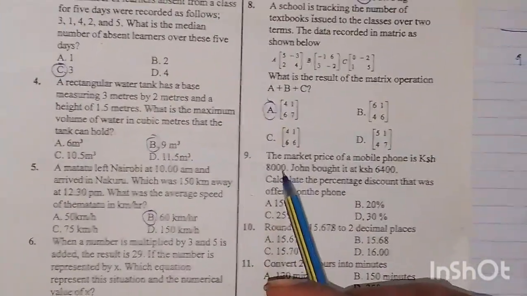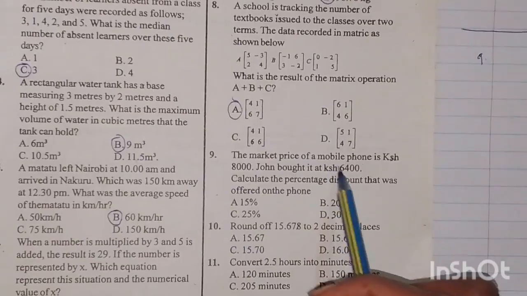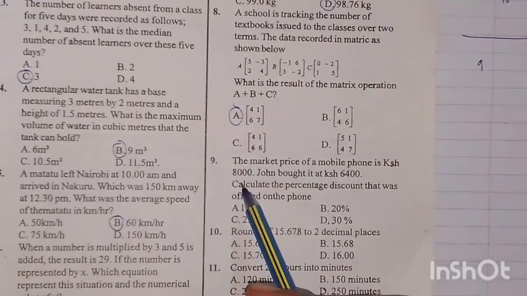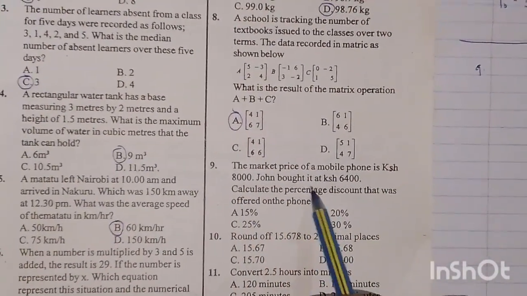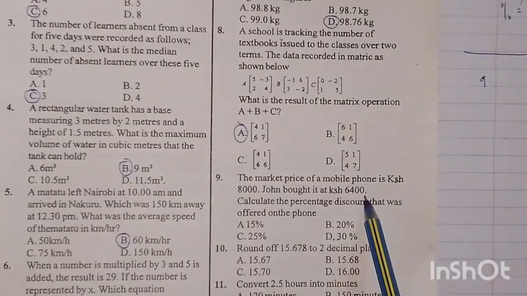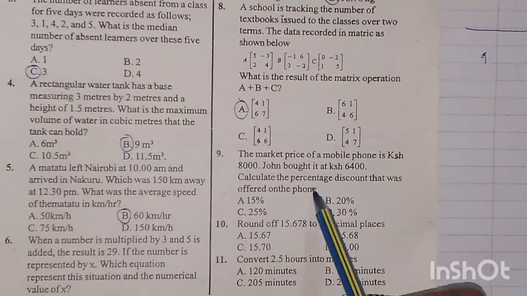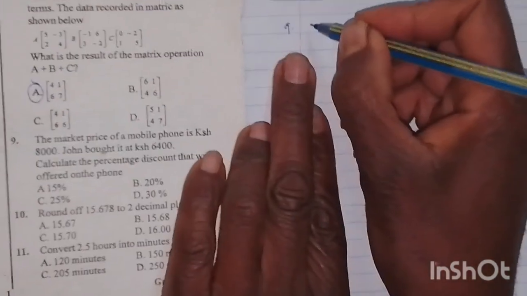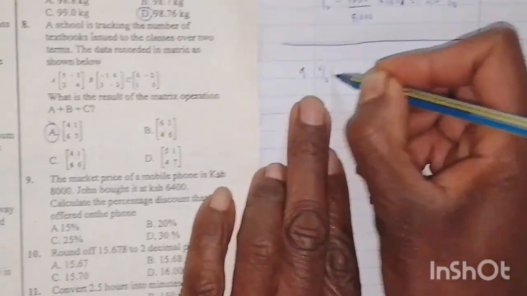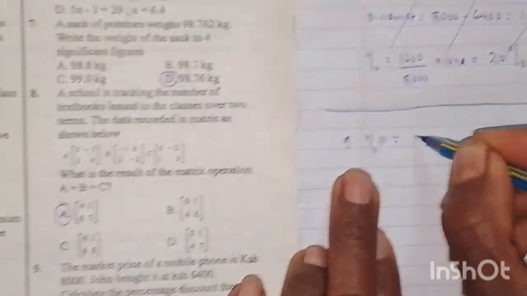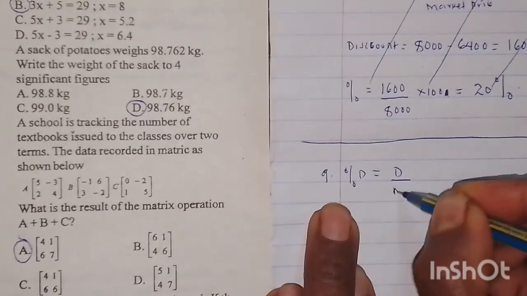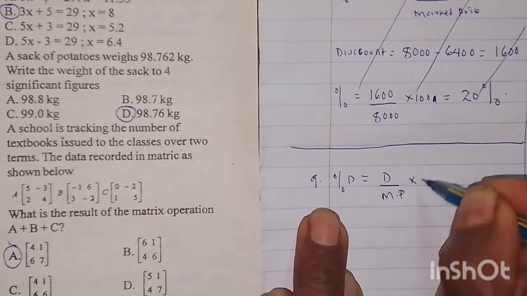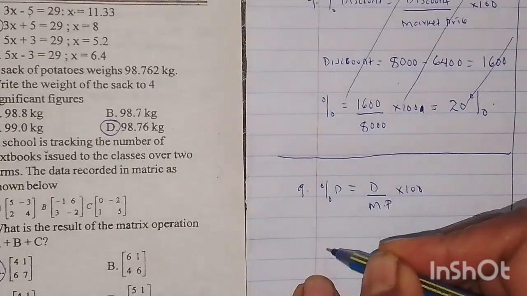Question number 9. The market price of a mobile phone is Kenya shillings 8,000. John bought it at Kenya shillings 6,400. Calculate the percentage discount that was offered on the phone. Now, the percentage discount is equivalent to the discount divided by the market price multiplied by 100.